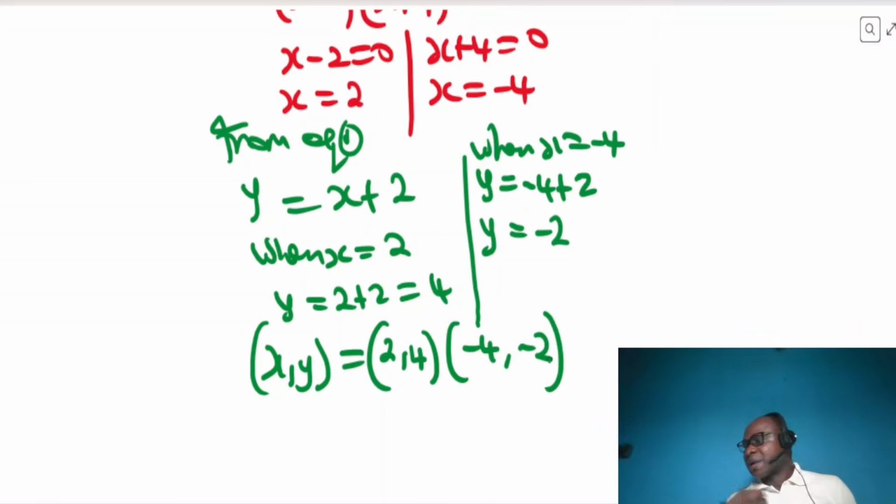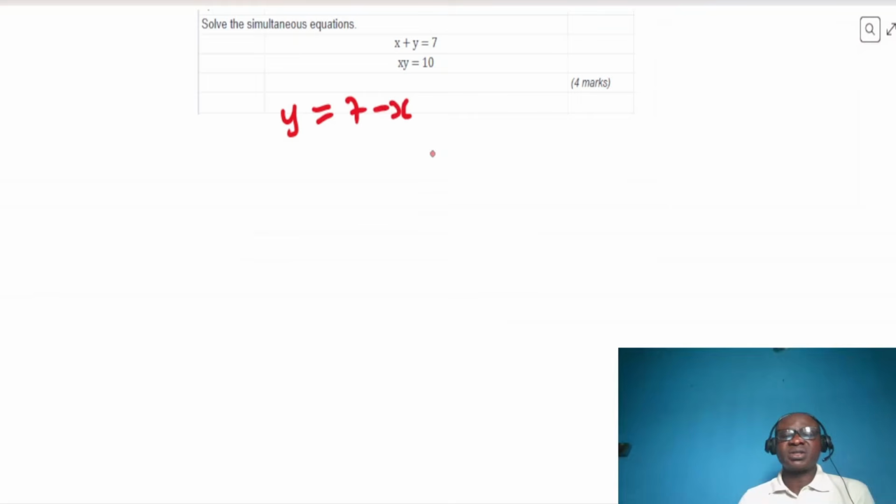Please, you can ask me questions. This is now equation 3. This one is equation 1. This is equation 2. What that means is that I will substitute equation 3 into equation 2. Therefore, I will write x plus y is equal to 10.